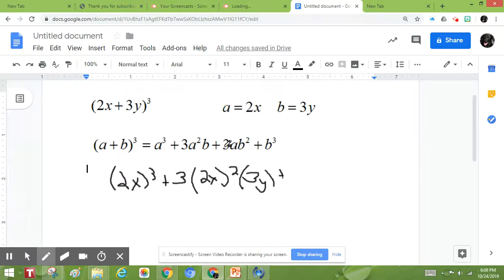Plus, I have a 3. I have now an A, so that'll be 2x. And I have a B squared, so that'll be (3y) quantity squared, plus B to the third, which will be (3y)^3.